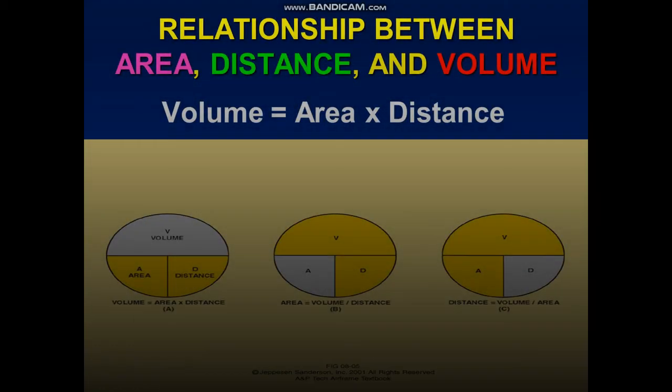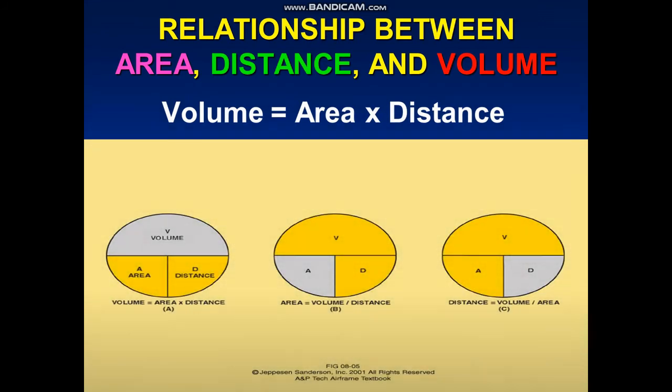Now we will talk about the relationship between the area, distance, and volume. If you want to find the volume, you have to multiply the area by the distance. What about if you want to find the area? If you want to find the area, you have to divide the volume by the distance.